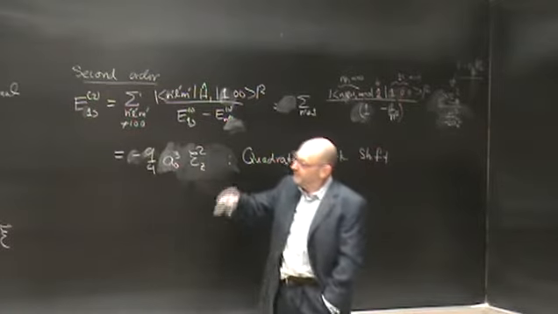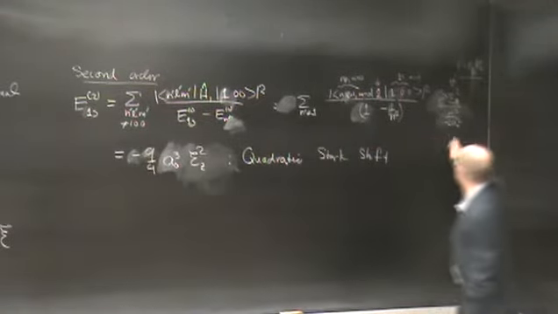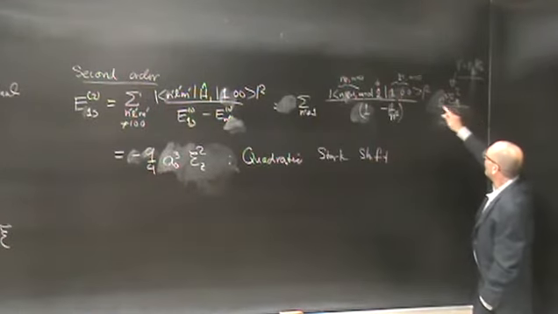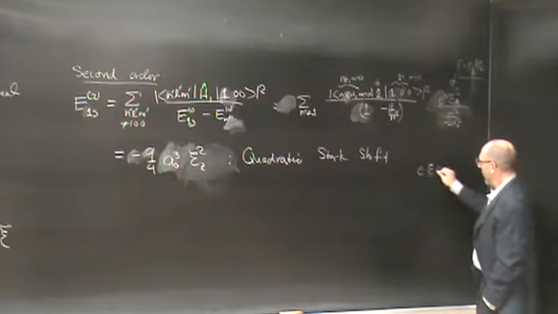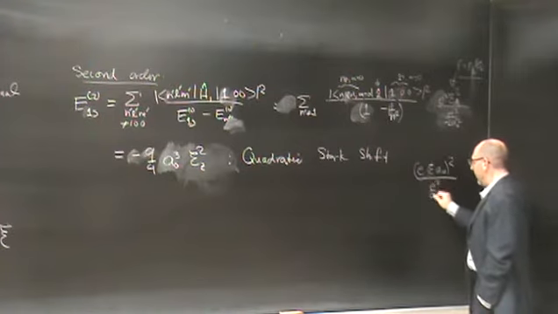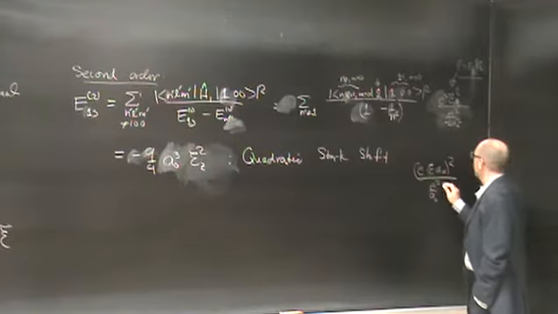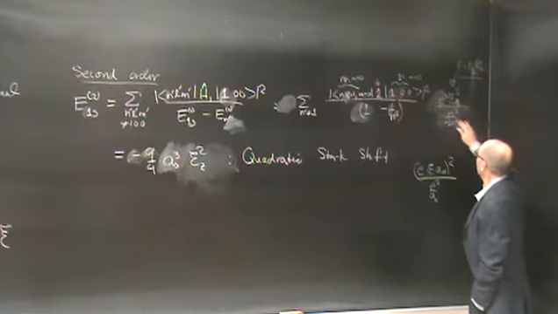You know that there's no first order shift. And the second order shift has to be of the order of the characteristic energy scale, H1 squared over the energy denominator, which is of the order of the Hartree, e squared over a naught.